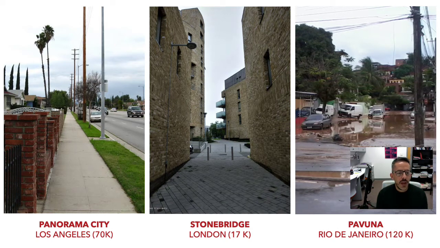For example, Panorama City in Los Angeles with 70,000 people, Stonebridge in London with 17,000, and Pavuna in Rio de Janeiro with 120,000 people. And see how different the urban patterns are, a complete contrast to test whether the nature-based solution that we're going to apply works.